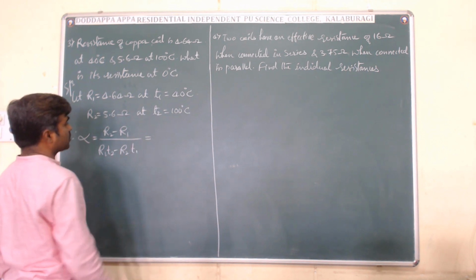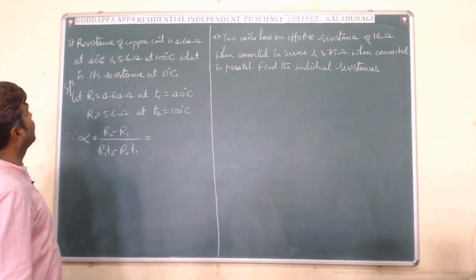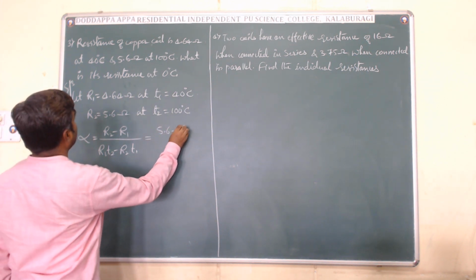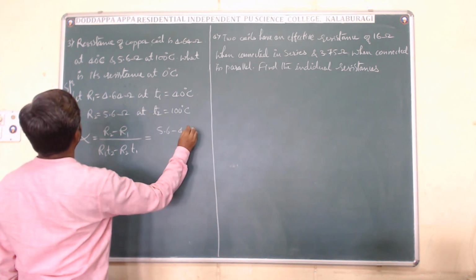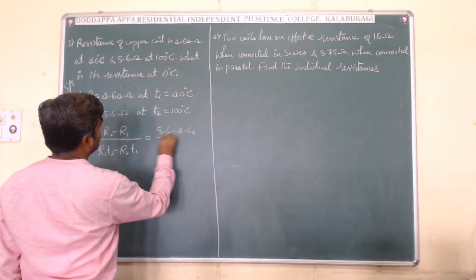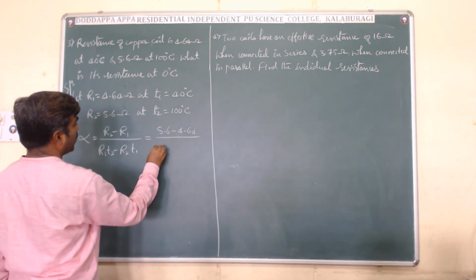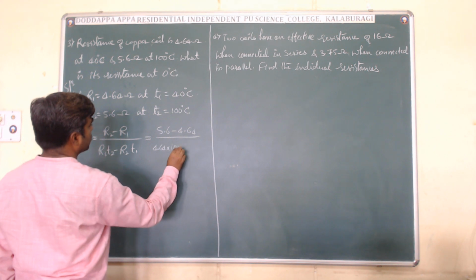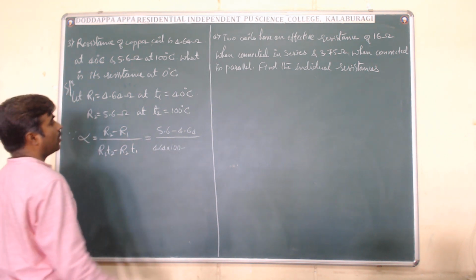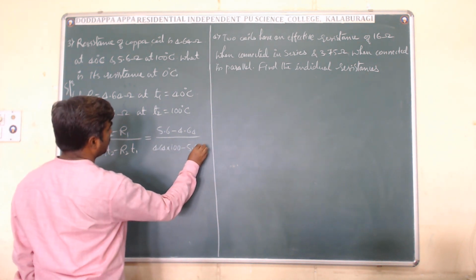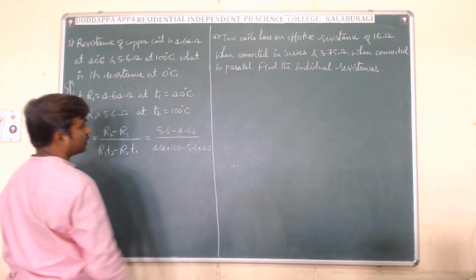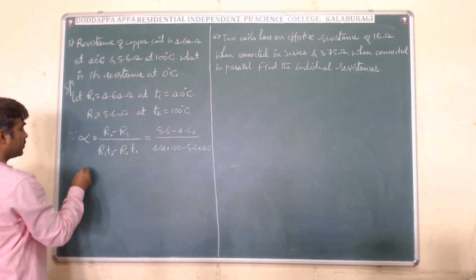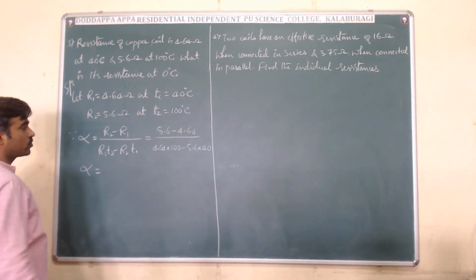When you substitute all these values, R2 value is 5.6 minus 4.64, divided by R1, again 4.64, times T2 value, 100 degrees centigrade, minus R2 value 5.6 times 40 degrees centigrade.